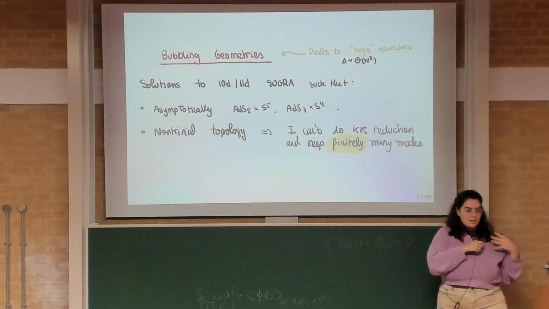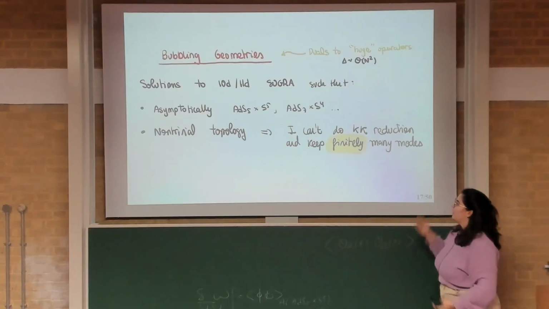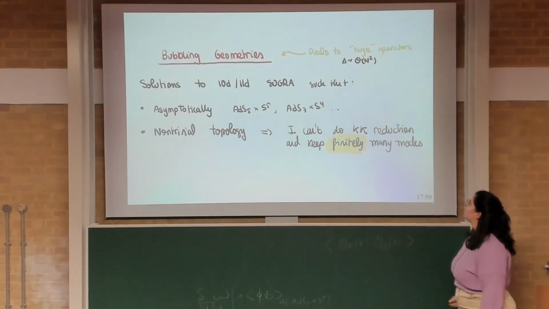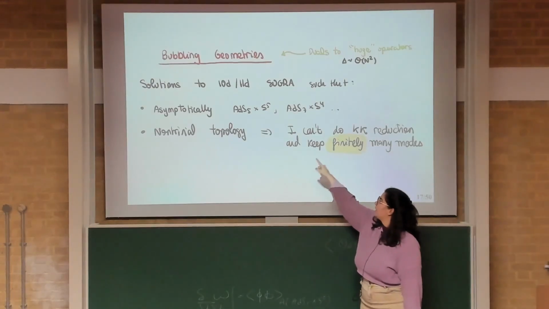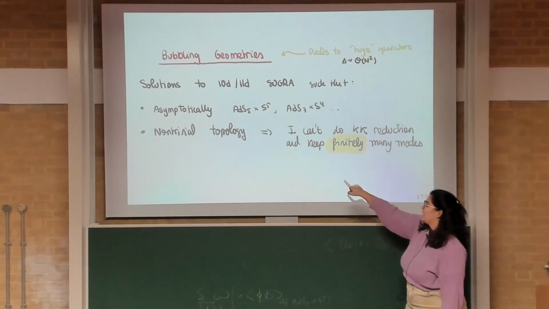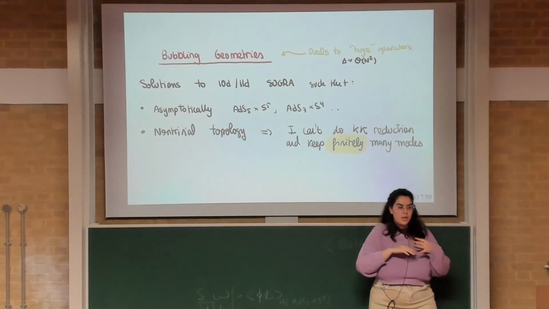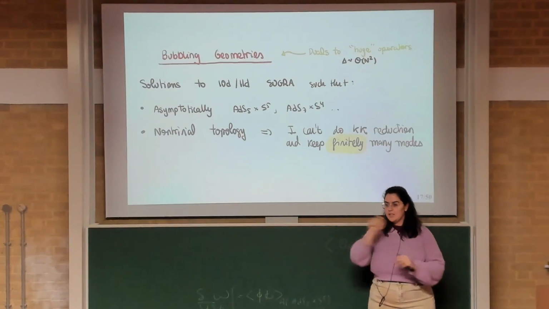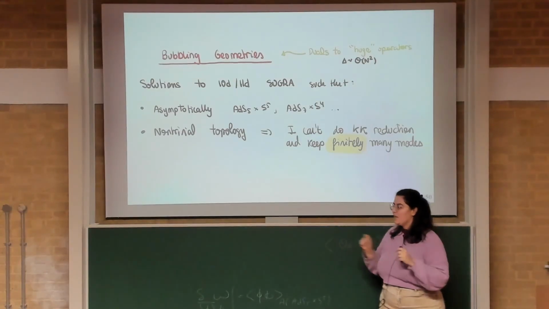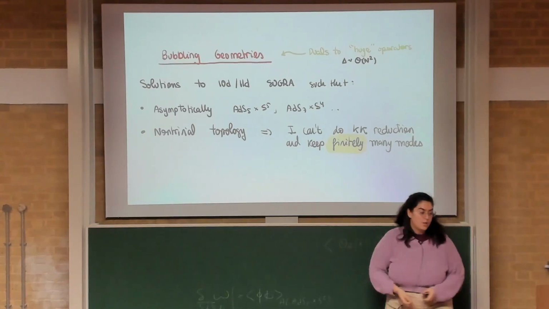Many people have worked on a very long list of such solutions. They are going to be asymptotically AdS5 x S5, and as I said, they will have non-trivial topology. And they are all smooth geometries everywhere in the interior. They don't have horizons, but they have this non-trivial topology.